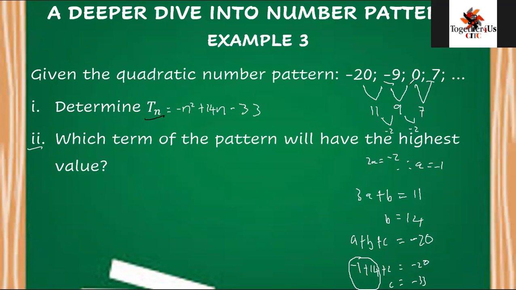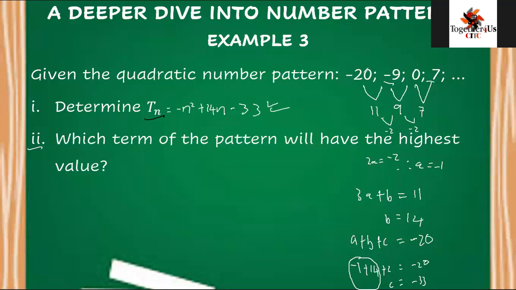Then I just substitute and I get 0 for 3. For term 4, I'm expecting a 7, and that's exactly what I get. You can go ahead and check for term 1, and I also get -20. So this is very perfect.